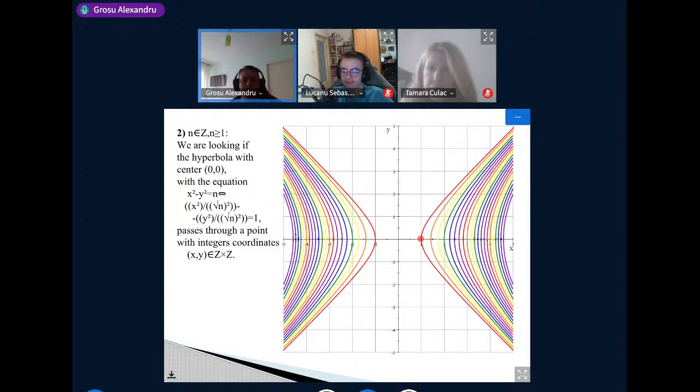So we have the red line where 1 is equal to 1 square minus 0 square. Also minus 1 square equal minus 0 square.